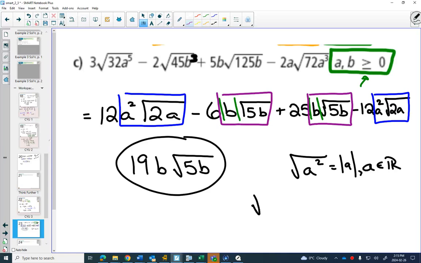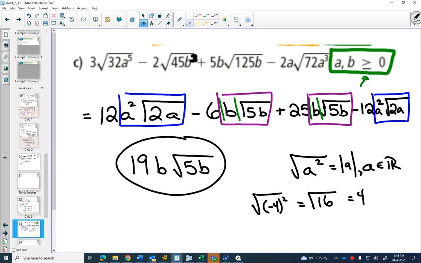If I had the square root of bracket negative 4 squared, your order of operations would say you should square negative 4, and then you would get square root of 16. What is the square root of 16? It's positive 4. The square roots are always positive in the end.